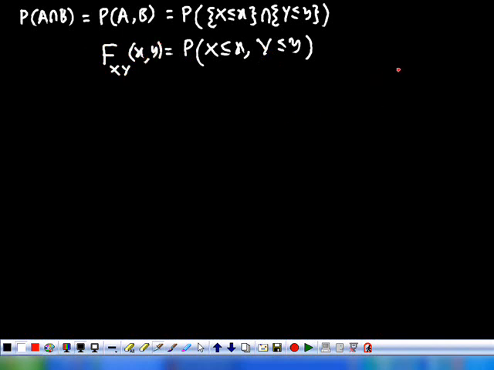We already know that the probability of X less than or equivalent to x is defined as FX of x.